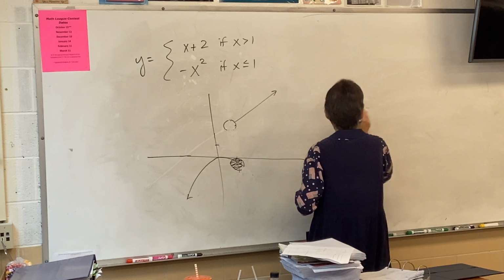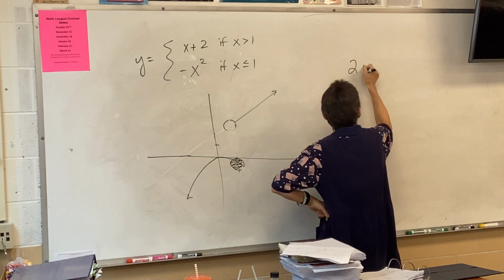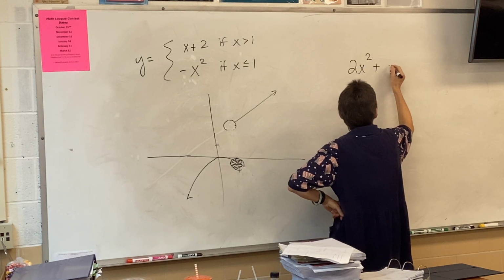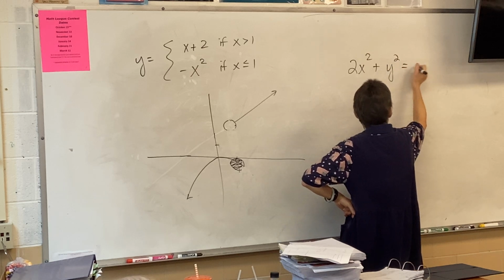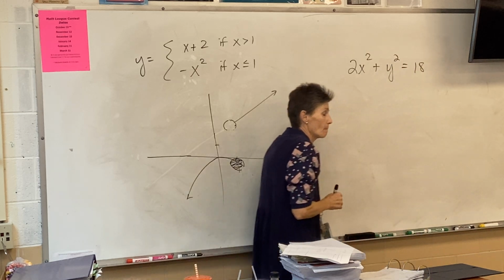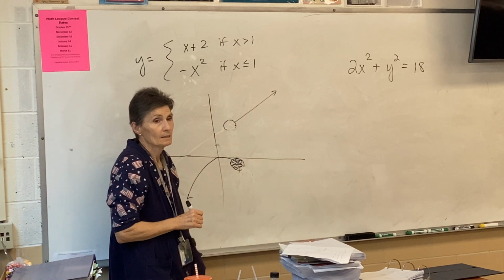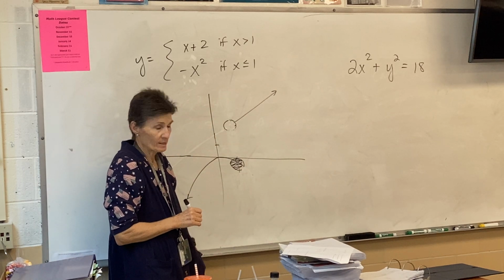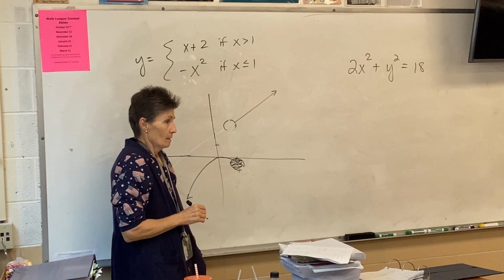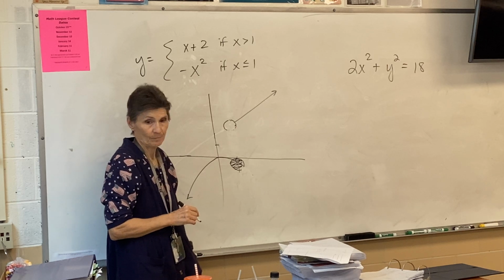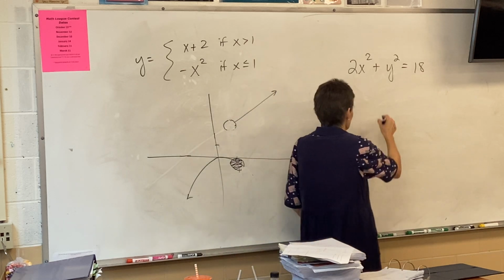I'll do an implicit function. So let's see, 2x squared plus y squared equals 18. And we want the implicit functions for this. So what do we need to do? Subtract. We need to get y squared by itself.